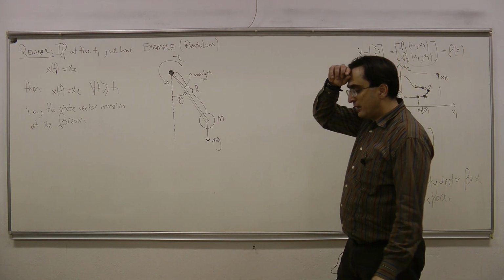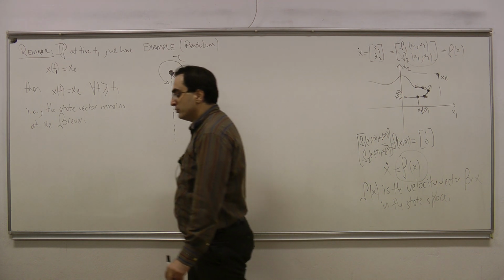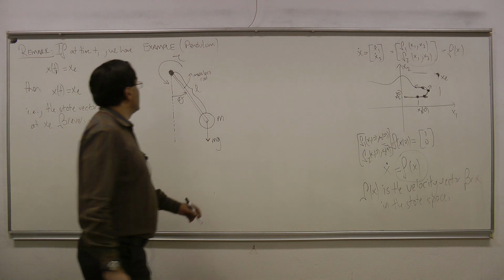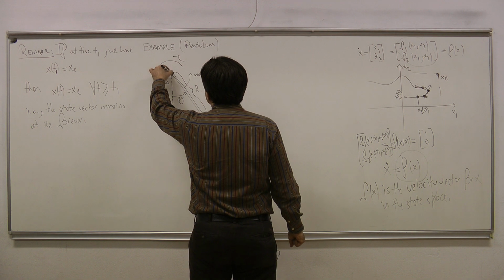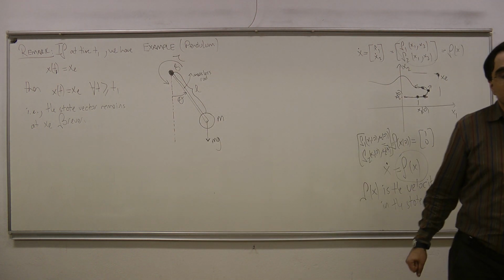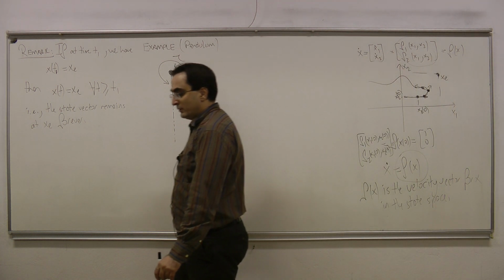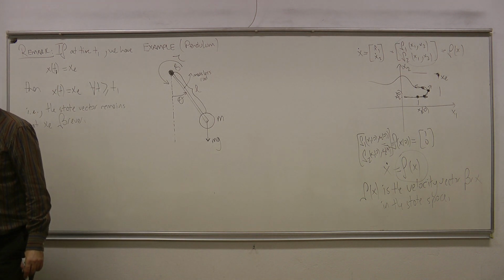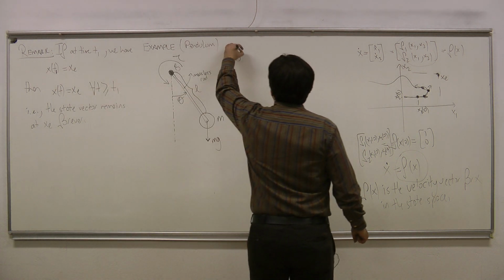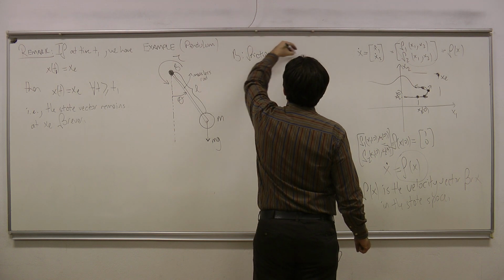We are not going to model the electric motor, so we are just going to assume that we are applying tau onto the pendulum. And suppose that there is a friction at the pivot point represented by the friction constant B. This is going to be viscous friction, the usual friction that we use in 302. Okay? Linear friction model. So here, this B is the friction constant at the pivot point.